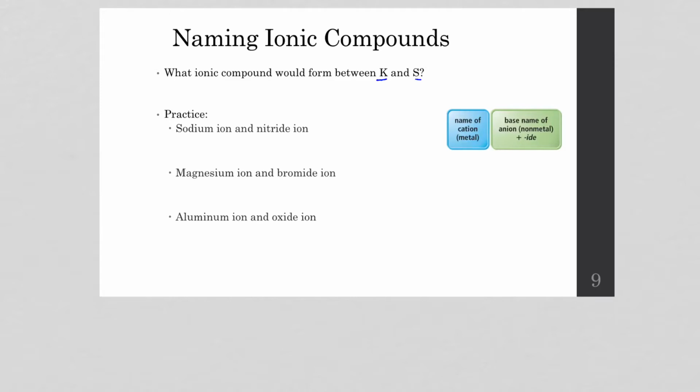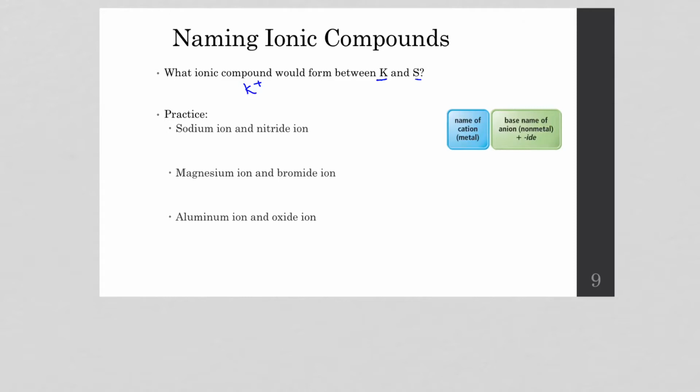So if we look at potassium on the periodic table, we know that potassium is an alkali metal. It's in group 1. And so it's going to form a potassium positive 1 ion. It's going to lose that 1 electron to become like a noble gas.